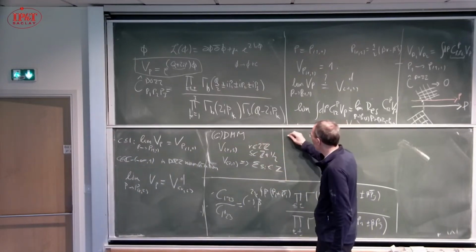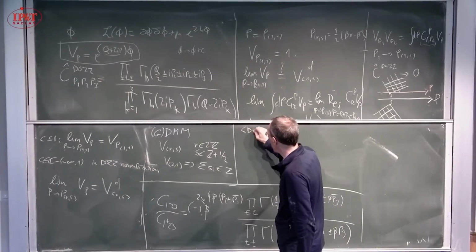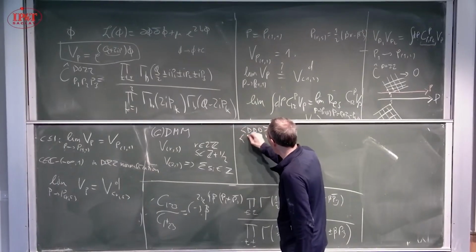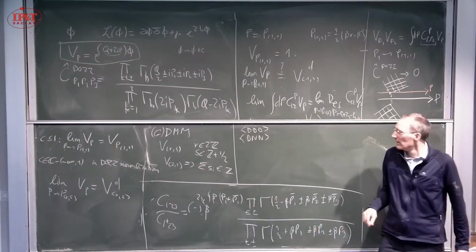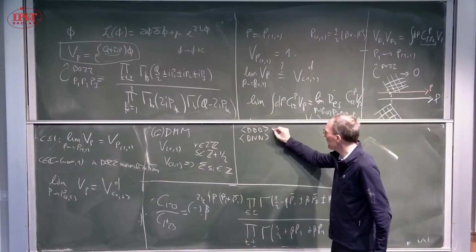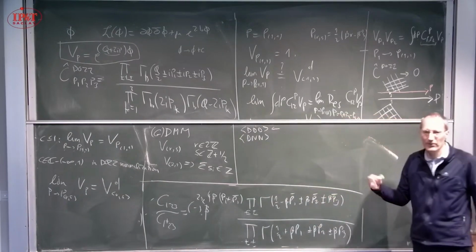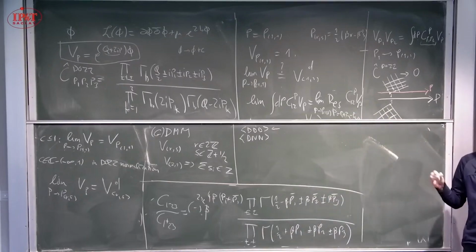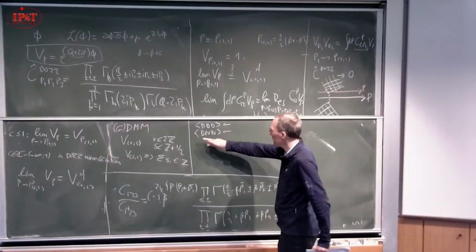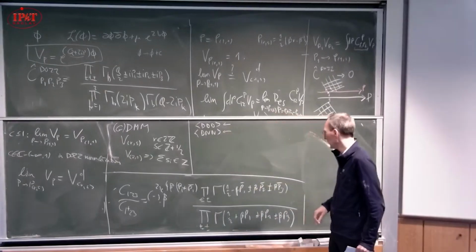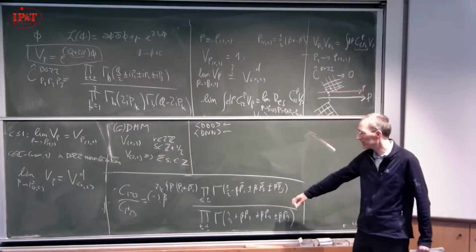So you have only two types of 3-point functions. Either you have 3 diagonal fields, or you have a diagonal with 2 non-diagonals. So this case is more or less under control. Well, you'll see that more or less doesn't mean really under control. But okay, let's start with the other case, which is the newest case. So you have 1 diagonal and 2 non-diagonal fields, and we want to solve this equation.